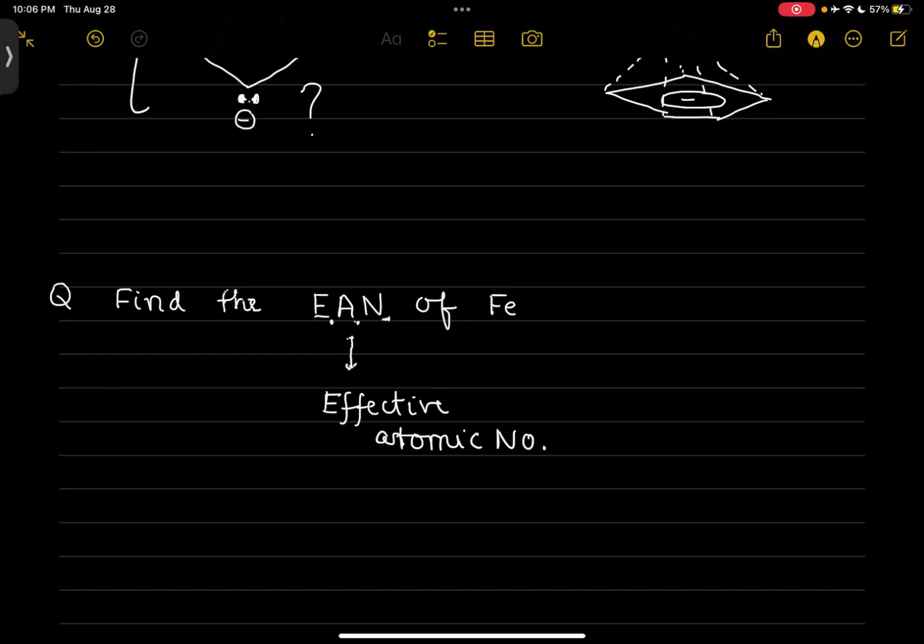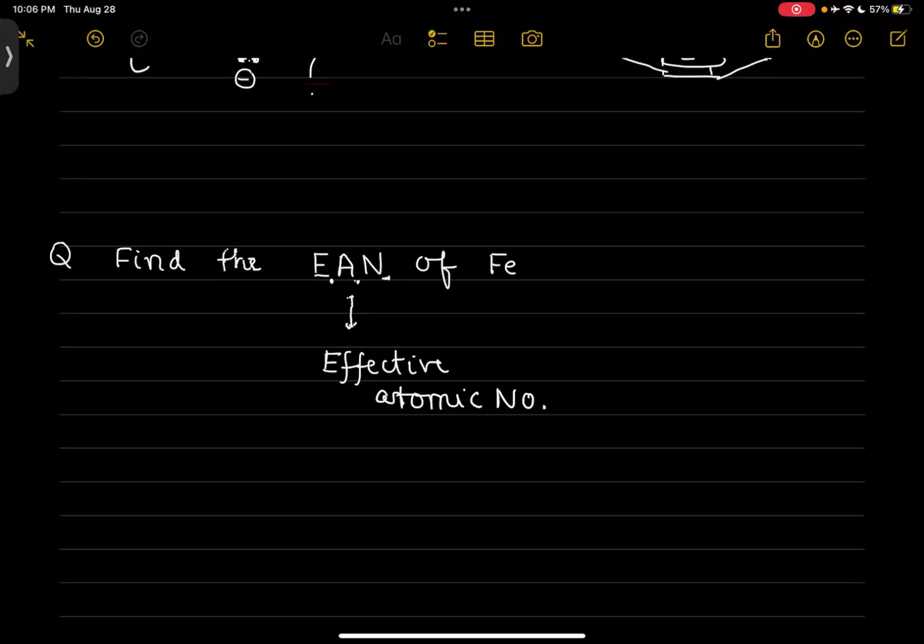So this is the theory related to the formation of chemical bonds, formation of coordination compounds or complexes. EAN theory or the EAN rule. As per this theory, the central metal atom or ion tries to form complex with the ligands.